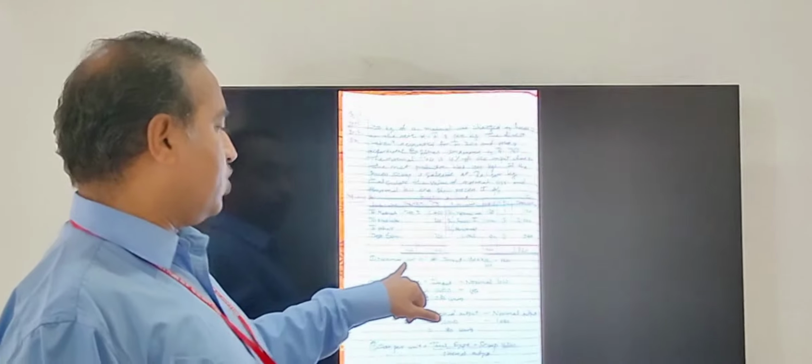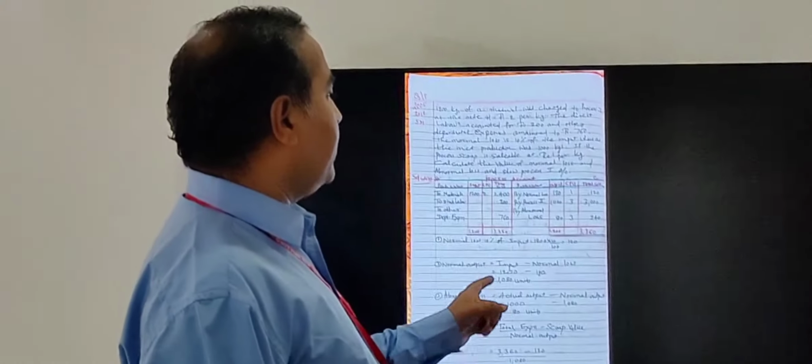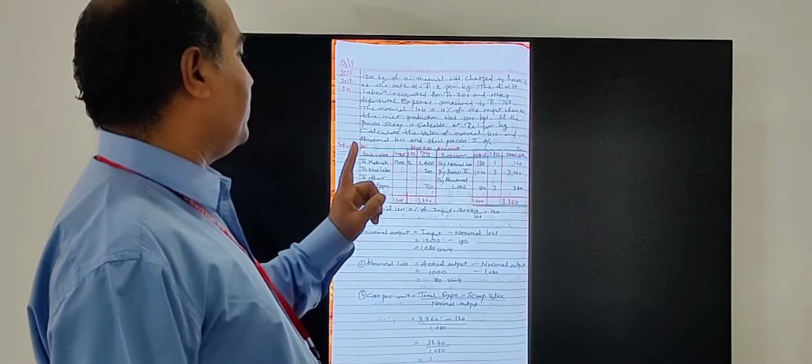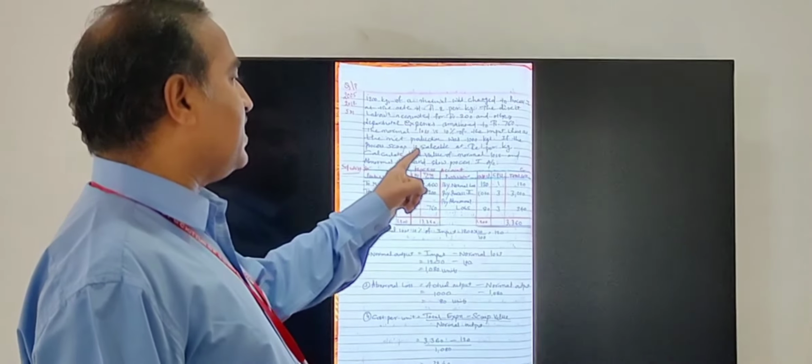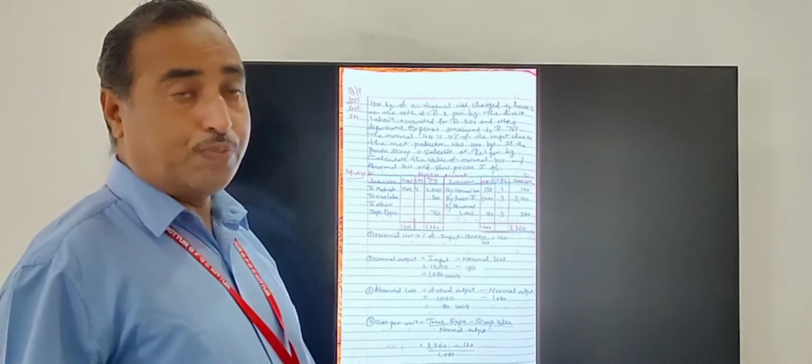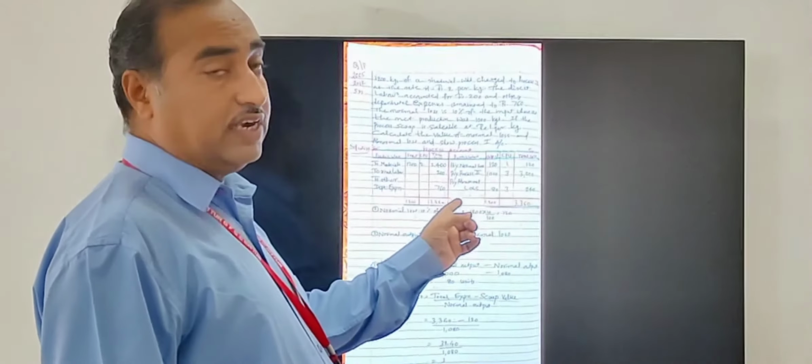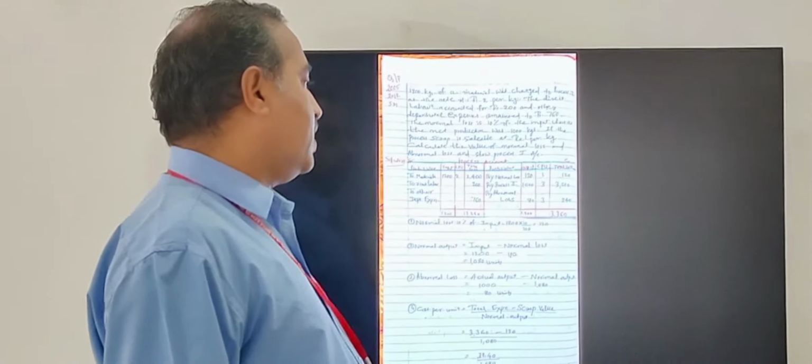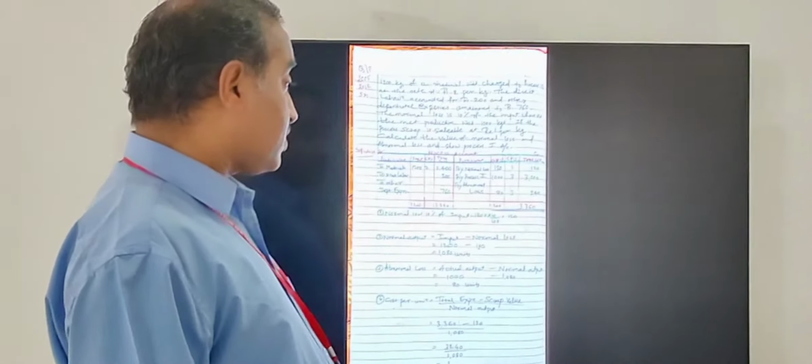It is clearly given, normal loss is 120. Then here 120, and again cost per unit is rupee 1, because scrap is sellable at rupee 1 per kg. 120 into 1, 120.